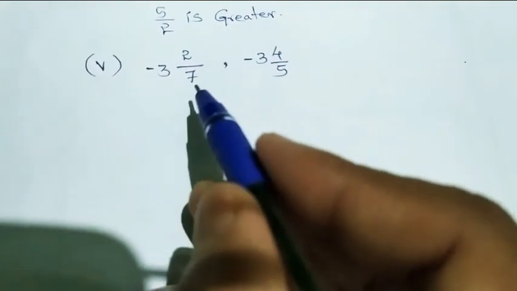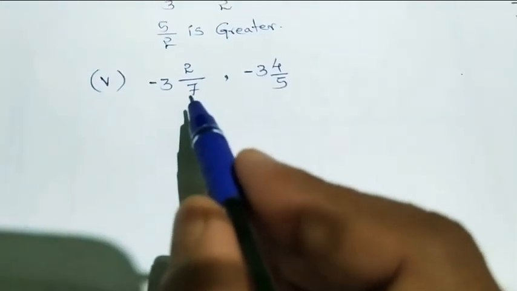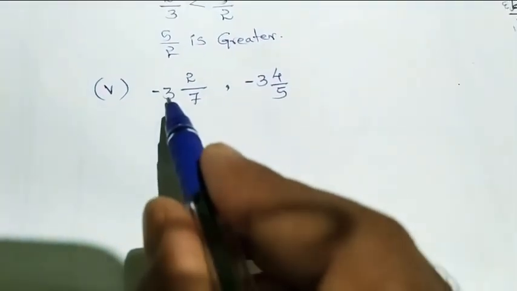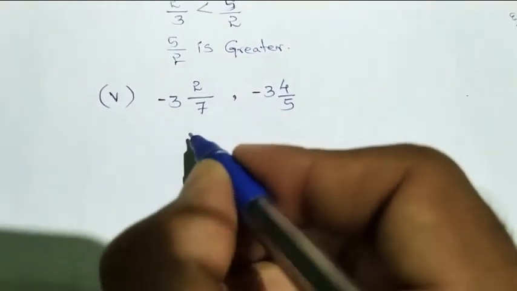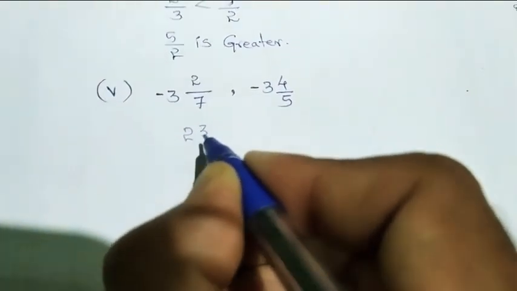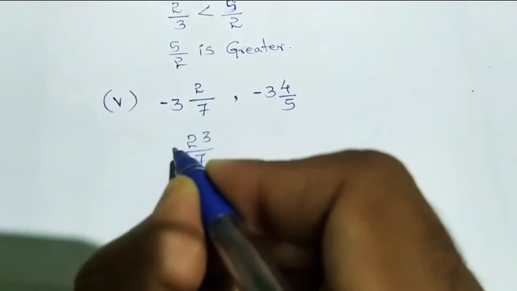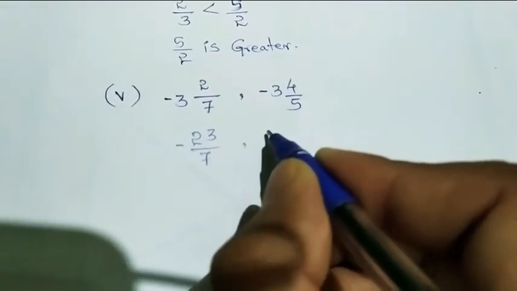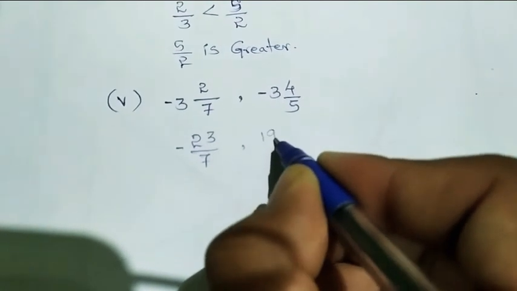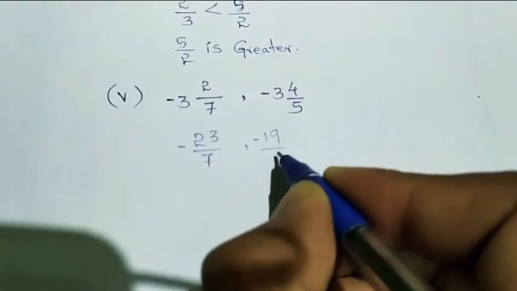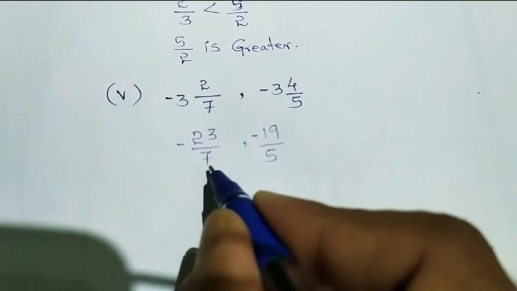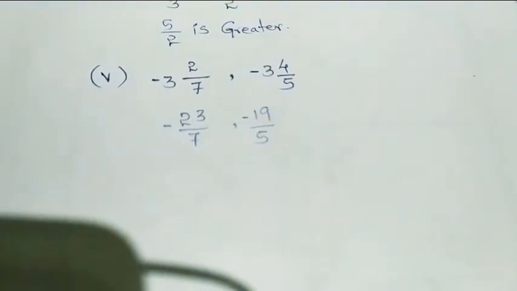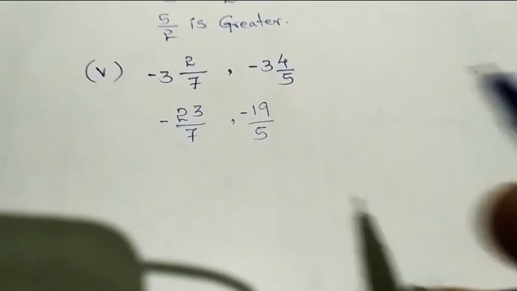Fifth one, they have given in mixed fraction, so make them into improper. 7 3s are 21, 21 plus 2, it will be 23 by 7, minus 23 by 7. Here 5 3s are 15, 15 plus 4, it will be 19, minus 19 by 5. So the LCM of 5 and 7, how much will that be? 35.